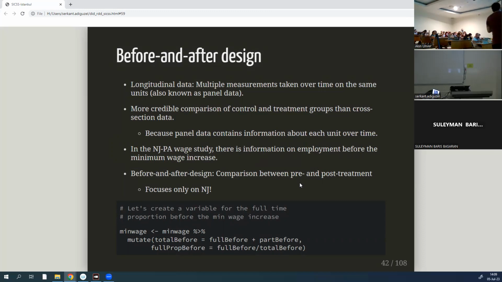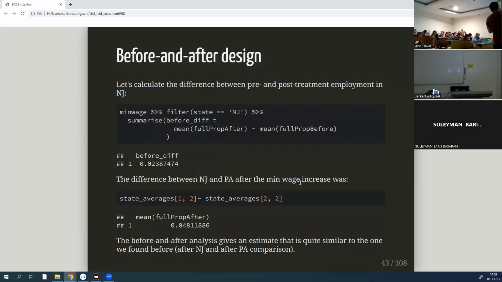So what do I do here? I'm calculating full-time employment before the minimum wage increase. And then I'm taking the difference, full-time employment after minus full-time employment before, only in New Jersey. See, I'm just filtering by state, which is New Jersey. So the before and after estimate is 2.3%.